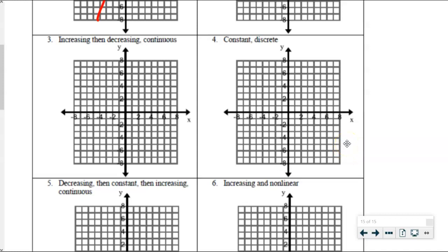Let's try something else that's more challenging. Please go to number 4, constant and discrete. Try number 4 on your own paper first. What does constant mean? Make sure it's discrete. Volunteers? Tage? That's why I called your name.